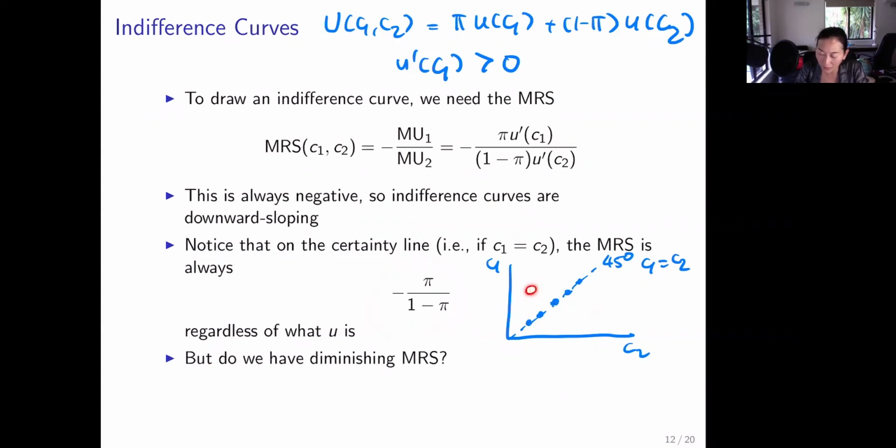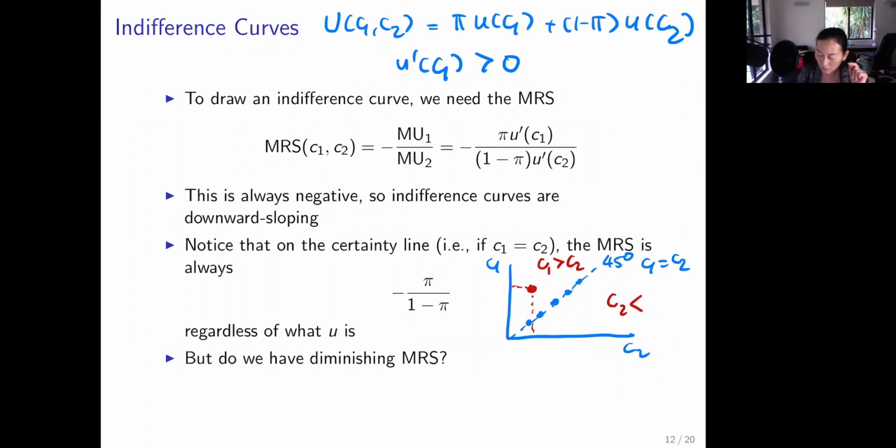For example, at that point, what happens here? Any consumption in this section means C1 is greater than C2. Below here, that's C2.